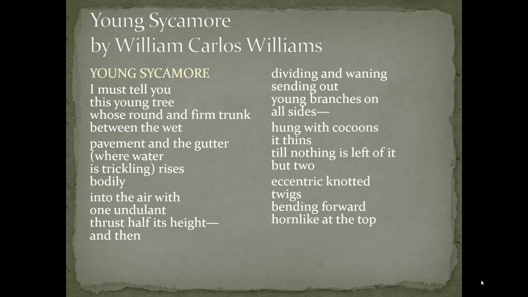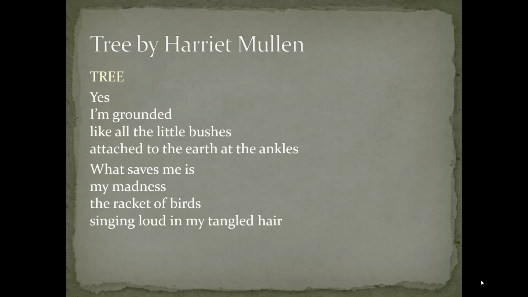There's the idea of making this a symbolic tree. Same thing with Harriet Mullen's tree. Because of how personified this tree is, it has the ability to stand in for her talking about herself, talking about something else besides just the tree, but the tree is completely personified by her.